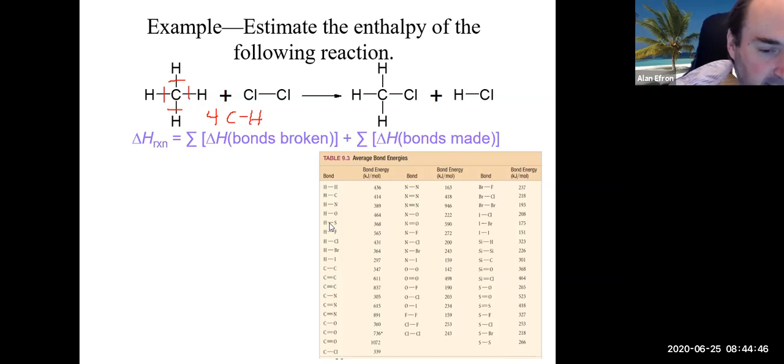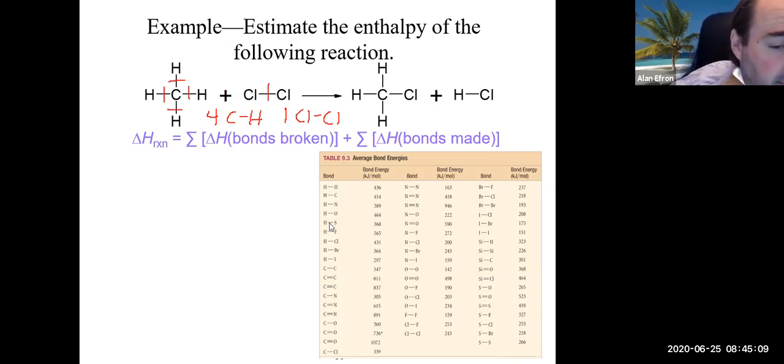If you went to this table, I think it's 4 or something right about there. You would want the value of all 4 of the carbon hydrogen single bonds. We're also breaking on the reactant side 1 chlorine single bond.